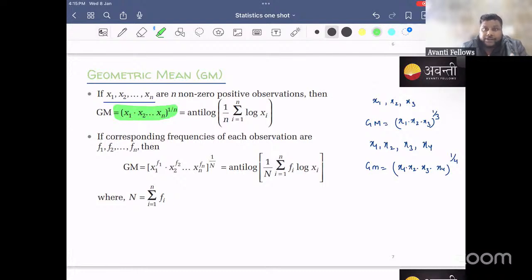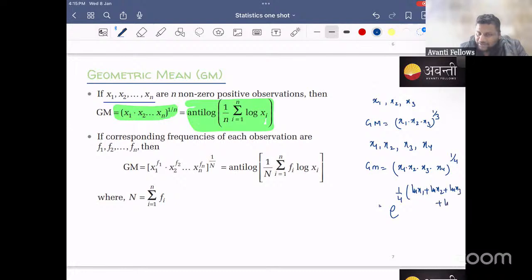So if we are required to take its log, it can also be written like this. Antilog is nothing but, this can be written as e to the power 1 by 4 of ln x1 plus ln x2 plus ln x3 plus ln x4. Am I clear?